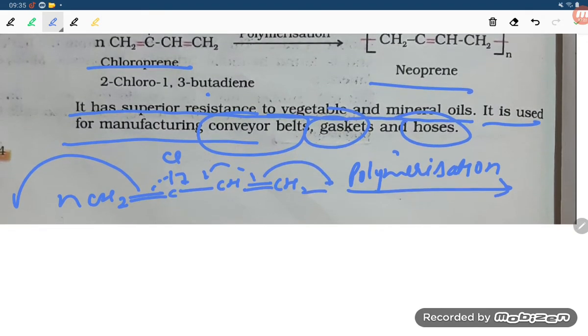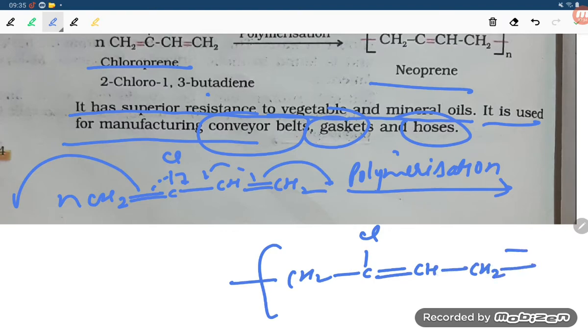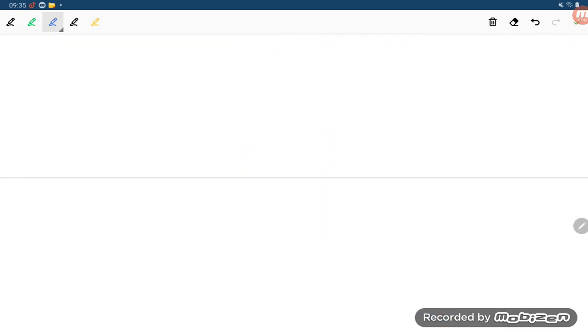So that will result in the double bond. Here is the CH2, it will be a single bond. Here is C, this will be the Cl, and here is the CH. Okay, students, this is CH2 and single bond. Here is n times. This is neoprene.